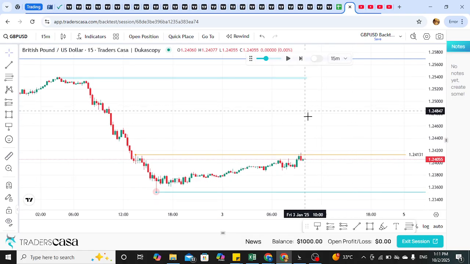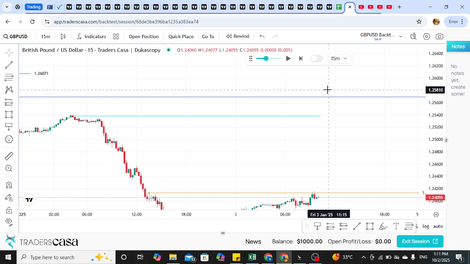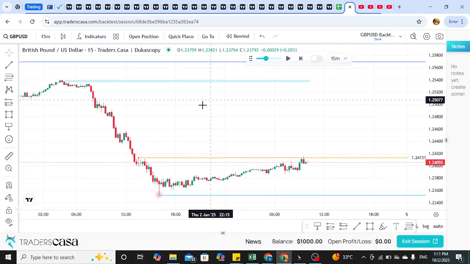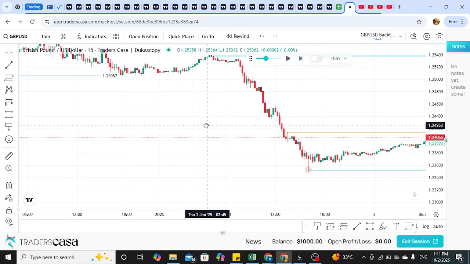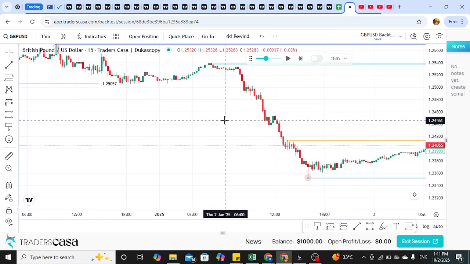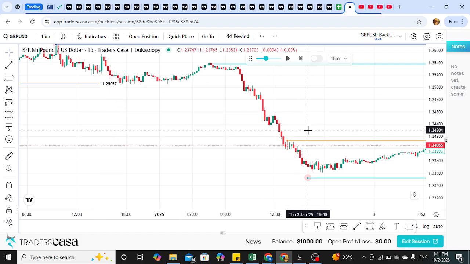Or all of this will not be the case, and it will just break this, and it will be a change of character. Now, there is another thing that we need to make sure of, which is: is this a major or a minor inducement? We talked about that in the last video. Since the inducement has been hit after this break, then it is a major.